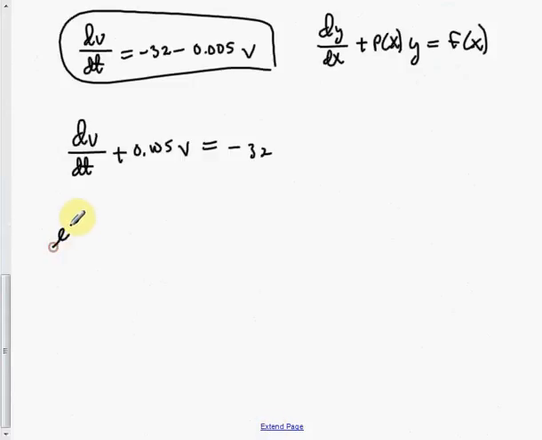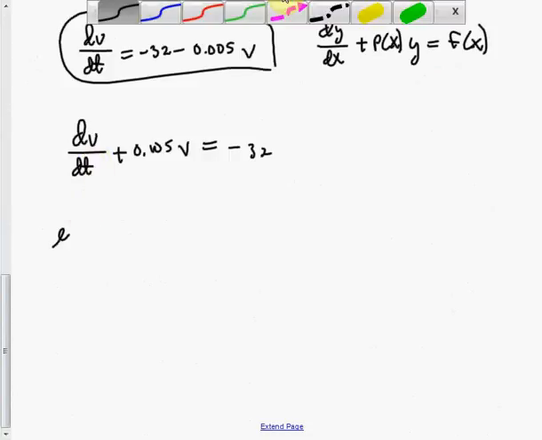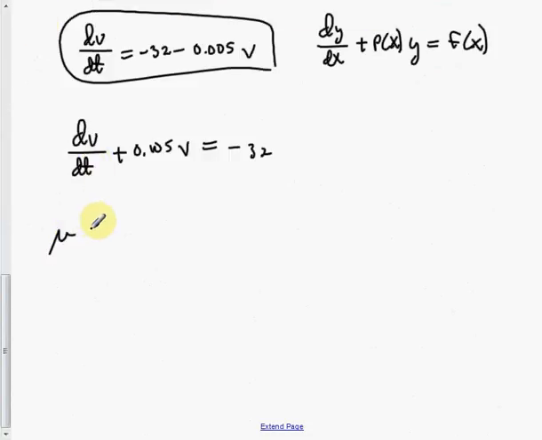So here the integrating factor mu is equal to e to the integral of 0.005 dt. So this is e to the 0.005t.